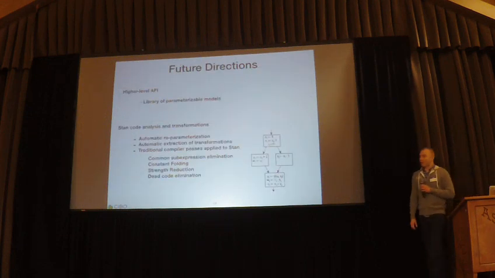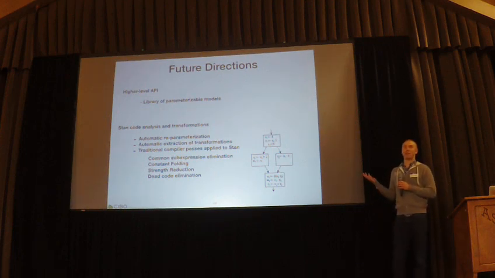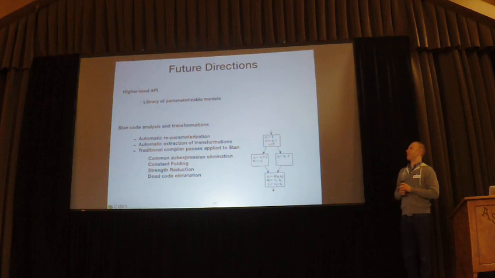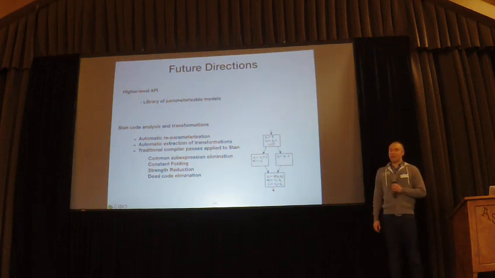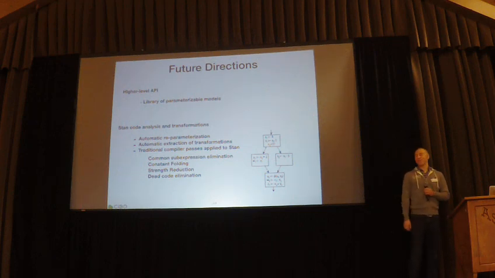Some future directions for ScalaStan is a higher level API, so we don't necessarily want to think about writing transforms and everything. We just want to think about regression or whatever we're doing, so it has some higher level notion. And of course, because ScalaStan actually pulls Stan into a DSL or into a syntax tree internally, we can do code transformations on Stan code in Scala land.